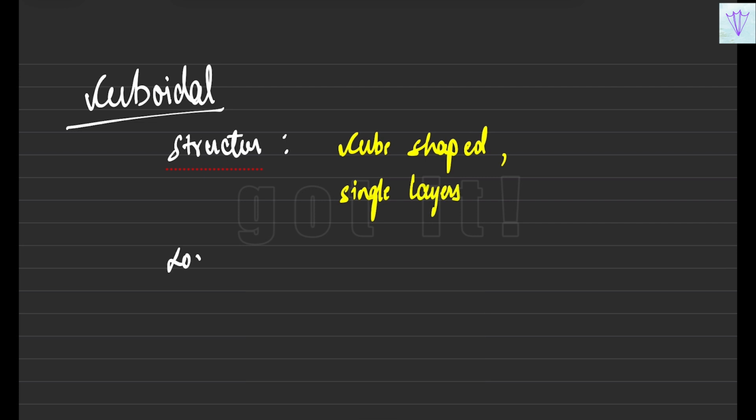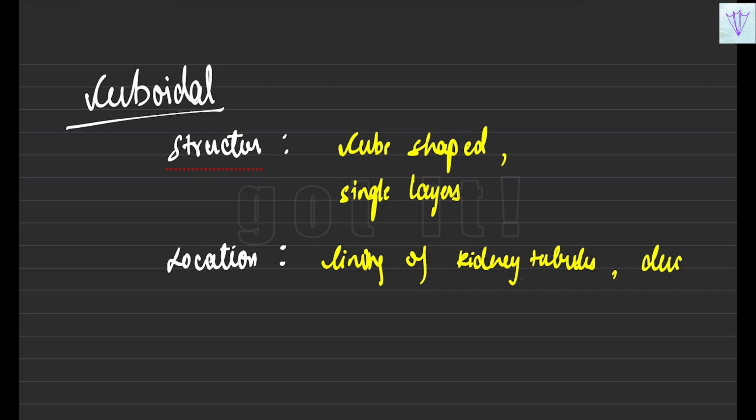What is the location of this? It is found in the lining of kidney tubules, the ducts of glands, and in the thyroid gland.